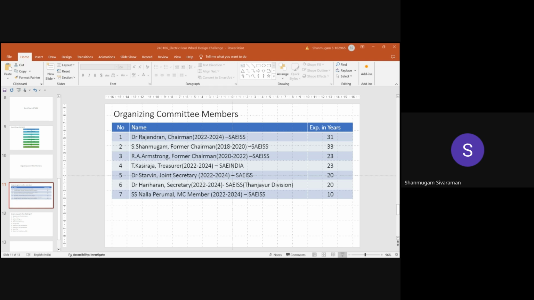So, are you up to the challenge? This is my question. If you are up to the challenge, speak to your faculty advisor, form a team, register the team, then attend various workshops and training programs, and design the electric four-wheeler. Share your design review 1 deliverables, get feedback from the industry volunteers.